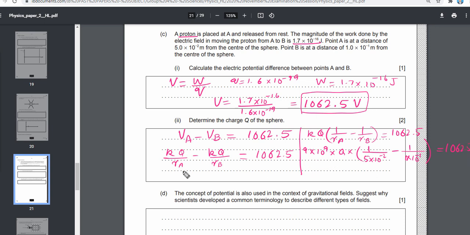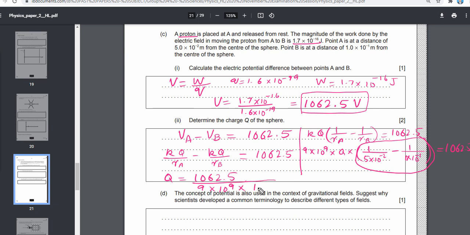So from here I'll make Q the subject, and it will turn out to be 1062.5 divided by 9 times 10 to the power of 9 times whatever is the answer of this whole thing. I'll just put that into the calculator and get the answer.